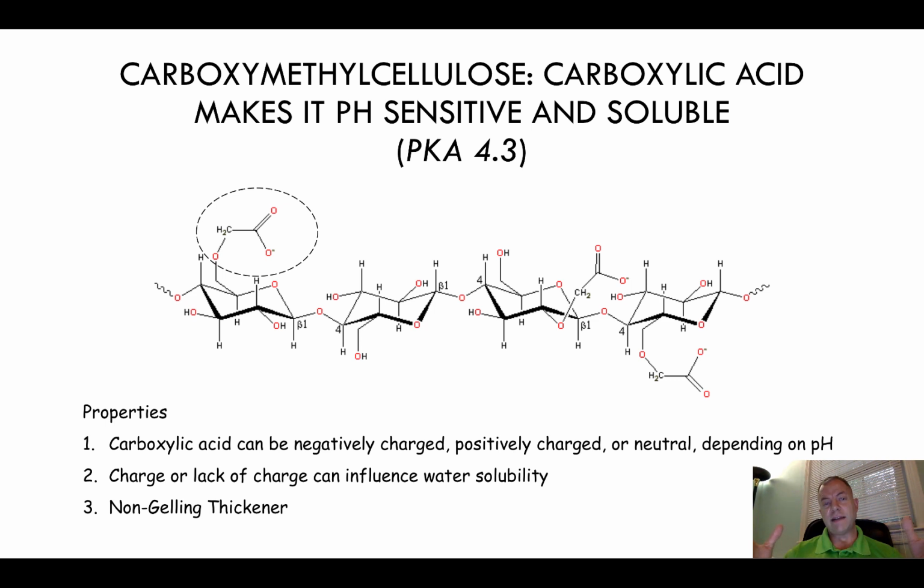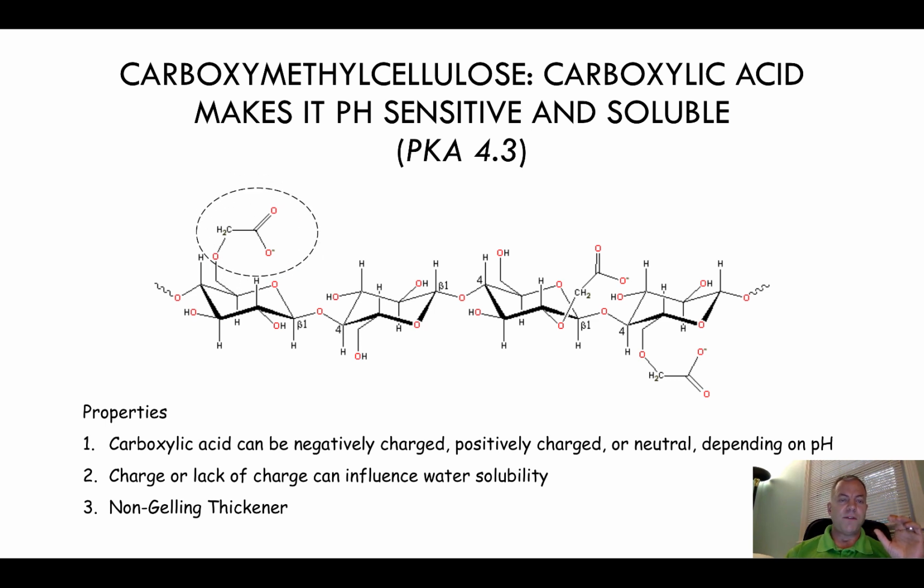All of those can affect its ability to associate with water. So now we can go from cellulose, essentially insoluble in water, to something that is highly soluble and works very well as a thickener. And it's based on the functionality of these carboxylic acid side groups.